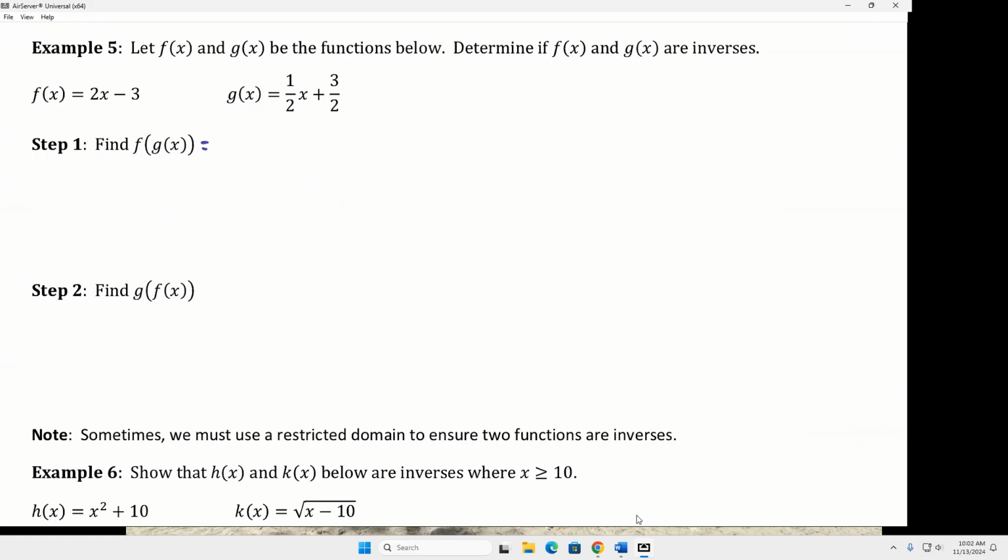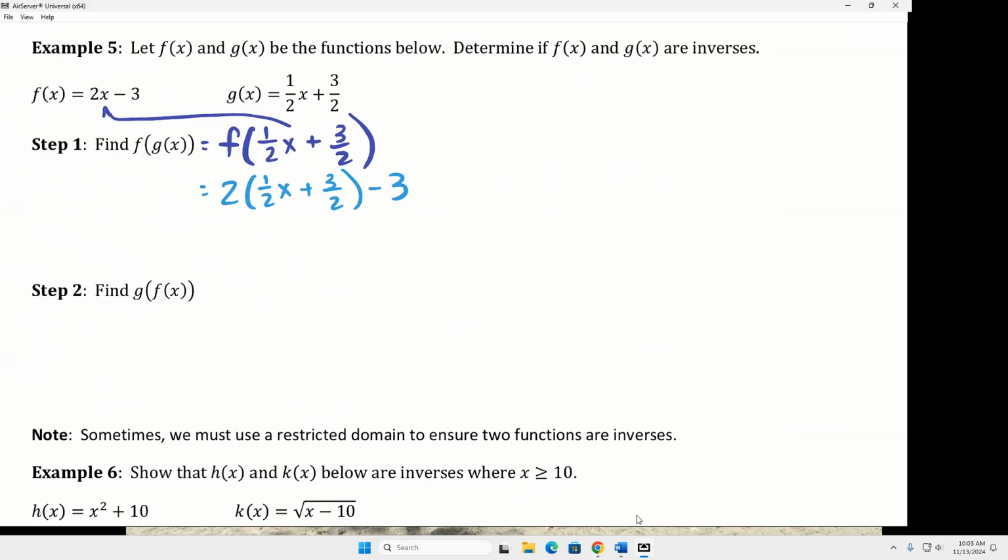So first, we'll find f of g of x. So I'm going to just take that g of x, put it in parentheses, and then put it into f, which means I'm going to multiply it by 2, and then subtract 3 from it.